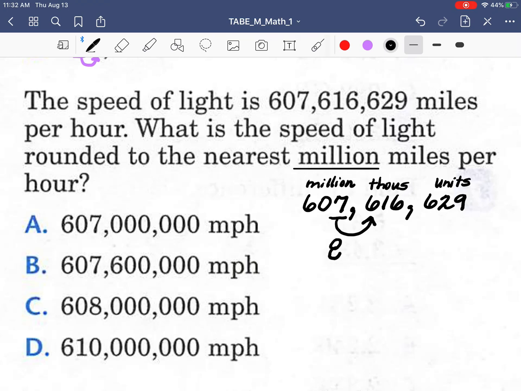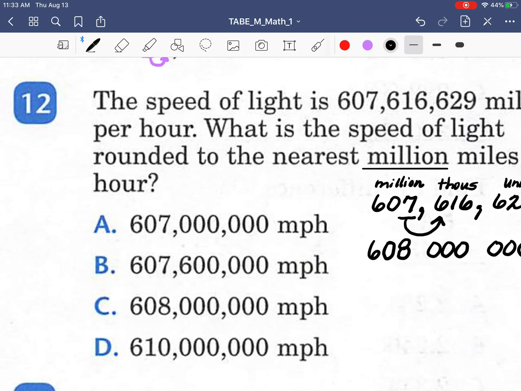So this becomes an 8. These neighbors round off. And the leaders don't change. So I am looking for this rounded answer. The answer to number 12 is C. 608 million miles an hour.